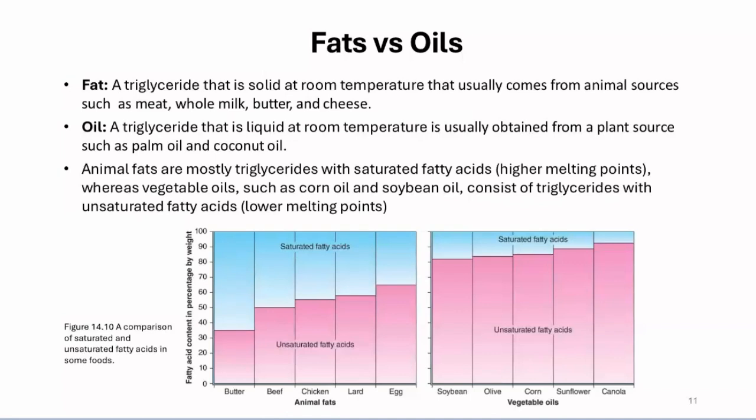On the other hand, when we look at vegetable oils like corn oil and soybean oil, the larger area is the pink area, which represents the unsaturated fatty acids in those triglycerides. It is important to note that vegetable oils have a lower melting point because of the number of unsaturated fatty acids in those substances.